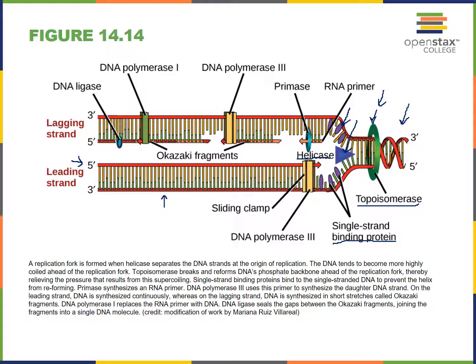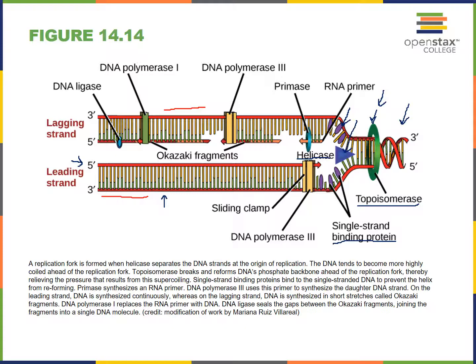Now when you open up this fork, for the moment we're going to look at the parental template strands, which are going to be the outer ones. Oh yeah, that's one error here.